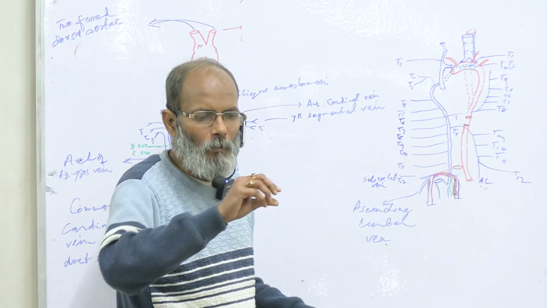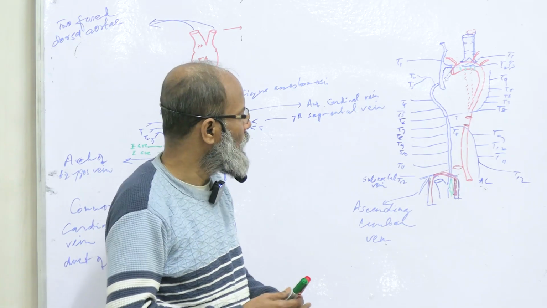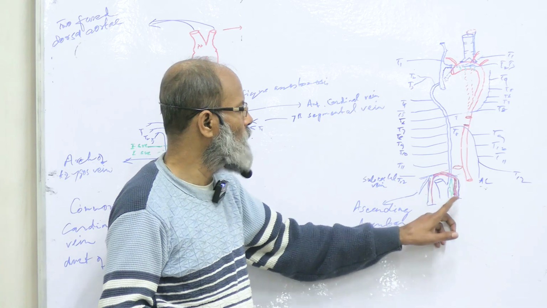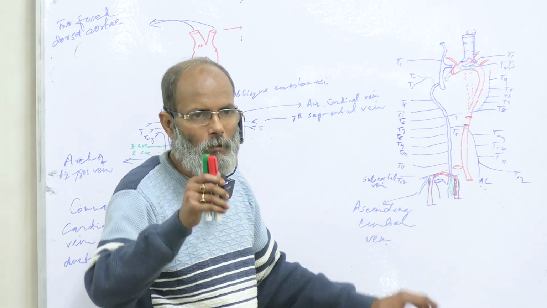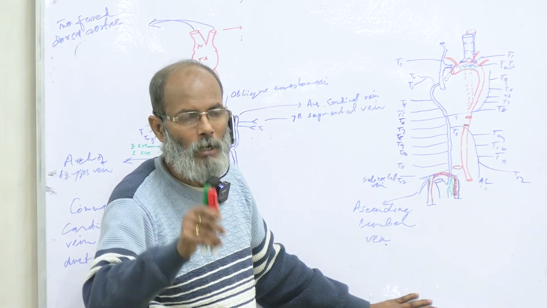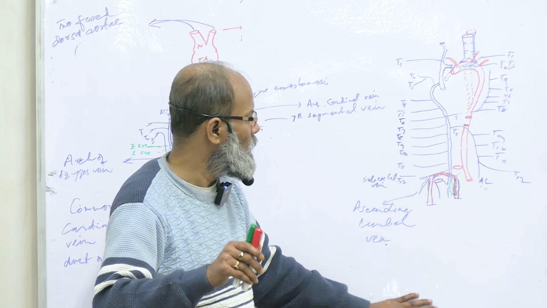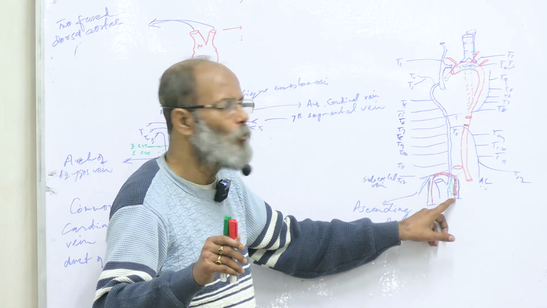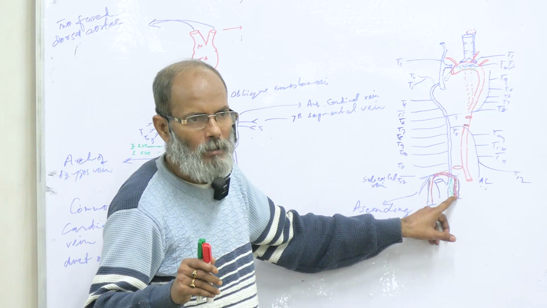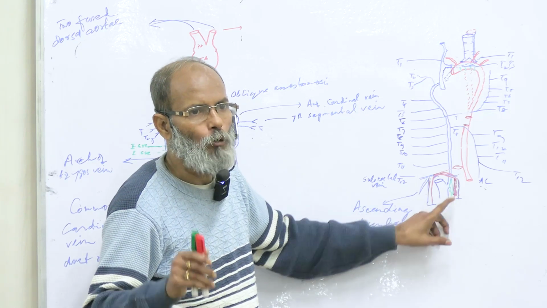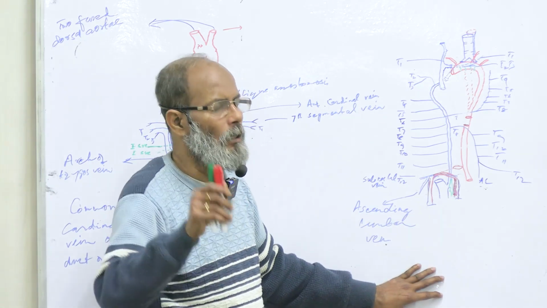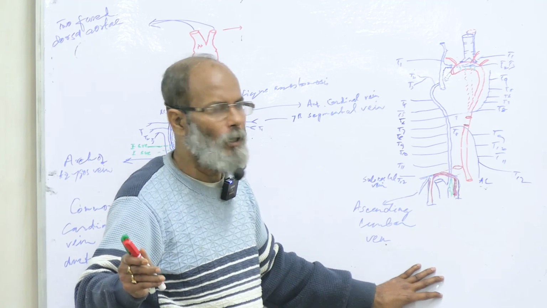The muscle fibers connecting the right crus and the left crus are called the median arcuate ligament. The muscle fibers that are connecting these two crura of the diaphragm are called the median arcuate ligament. All right.